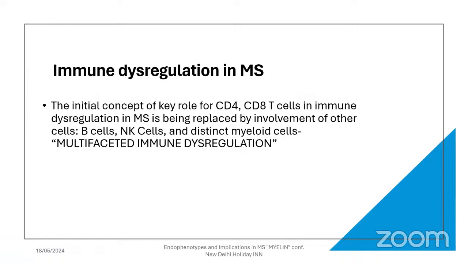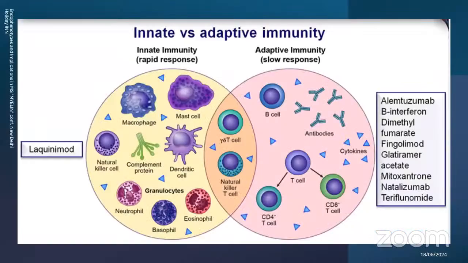Now this concept is being replaced by involvement of other cells like B cells, NK cells, and distinct myeloid cells. So it is in fact a multifaceted immune dysregulation.